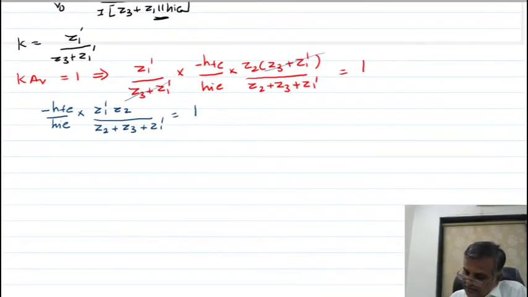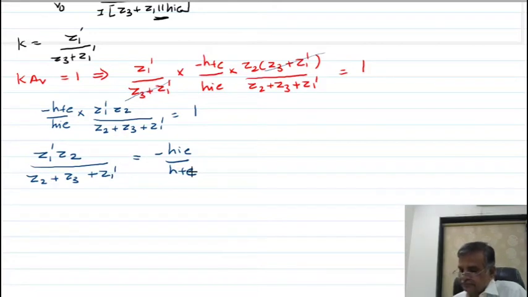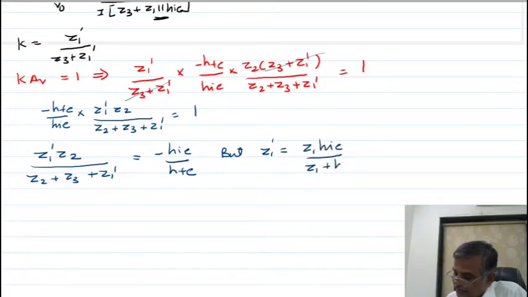So I can write here, look here, Z1 dash Z2 upon Z2 plus Z3 plus Z1 dash is equal to minus HI upon HAV. Let us put the value of Z1 dash, where Z1 dash is equal to Z1 into HI upon Z1 plus HI.